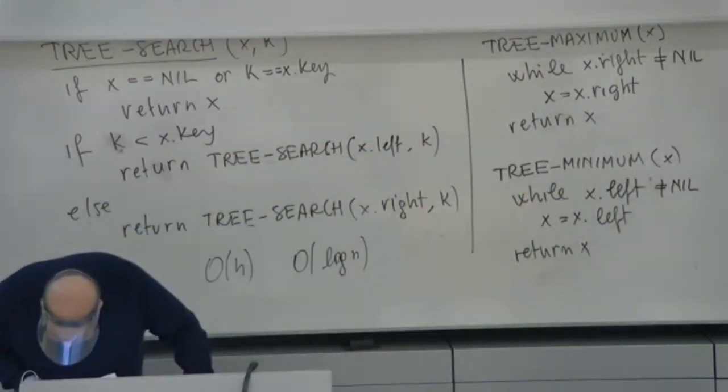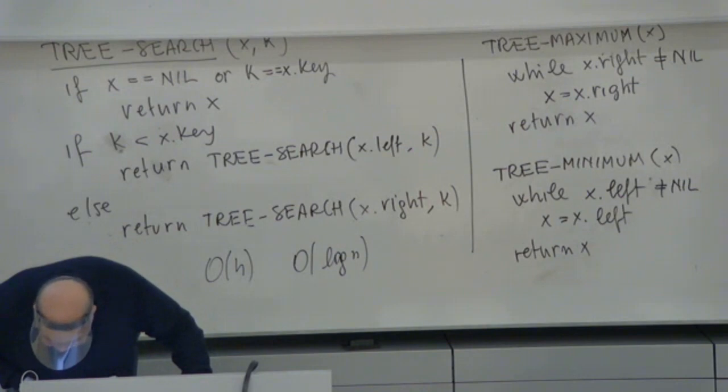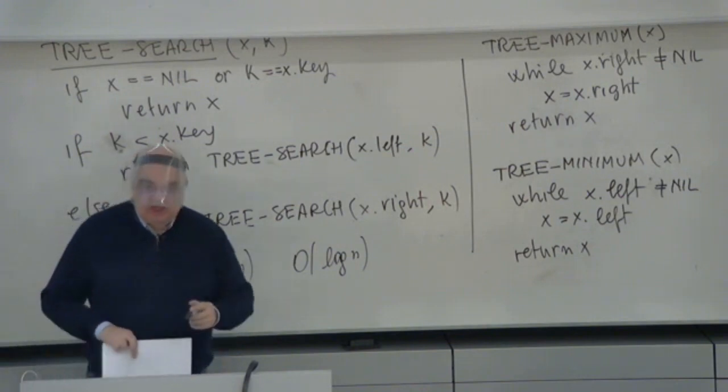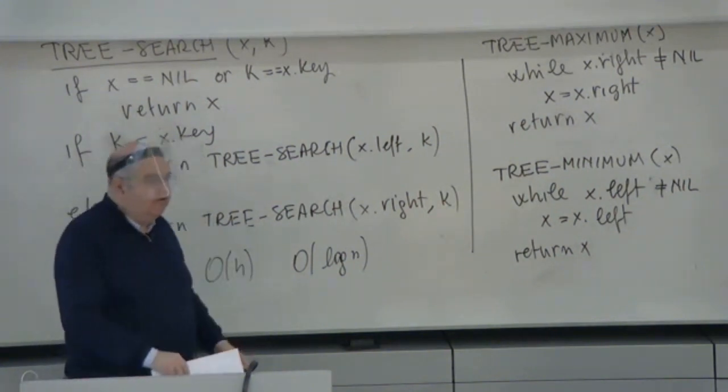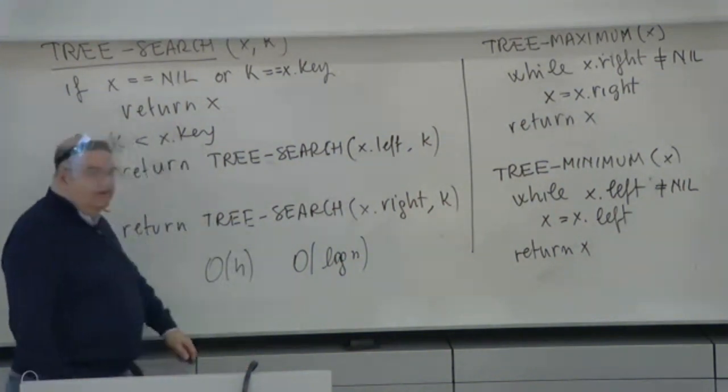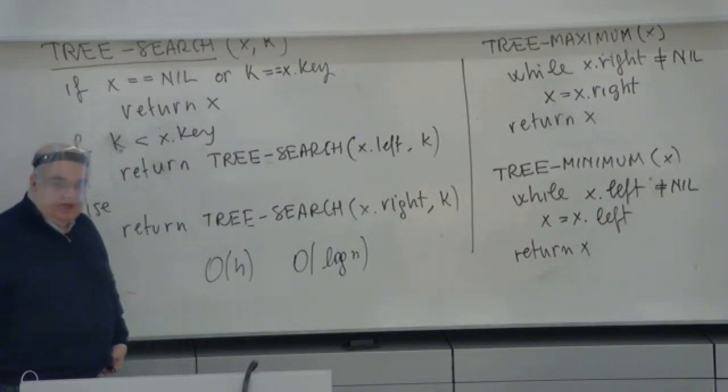What are the guys saying? So right is considered maximum and left minimum. It's not that it's considered. This is just the convention, the definition of the binary search tree.